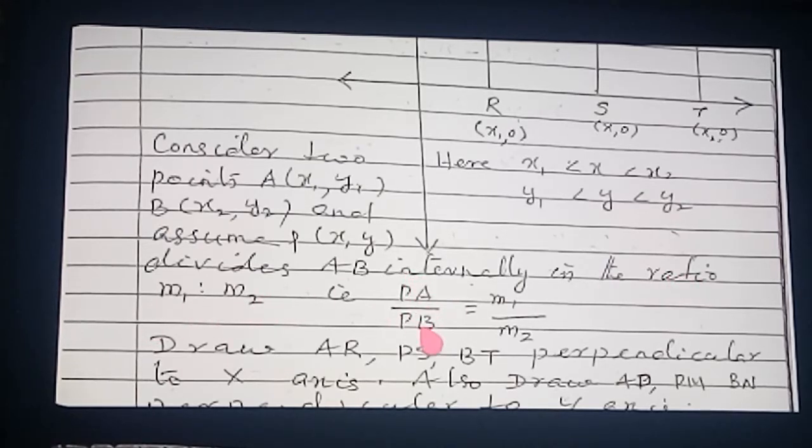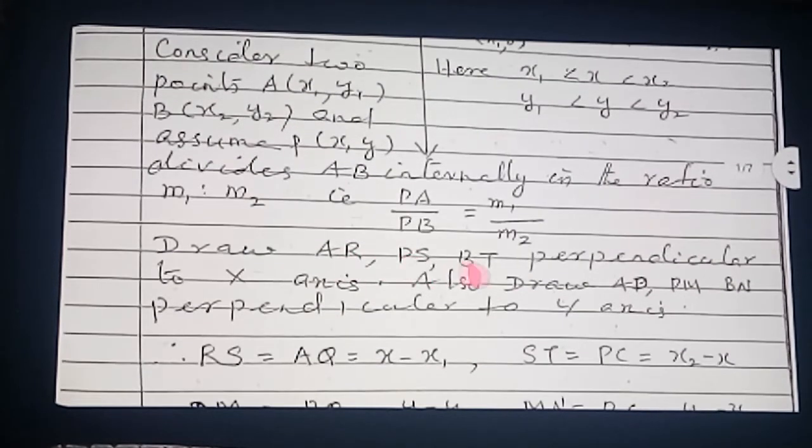Therefore PA by PB is equal to m1 by m2. Clear? And now AR, PS, BT are perpendicular to the x-axis. Also draw AD, PM and BN perpendicular to the y-axis.